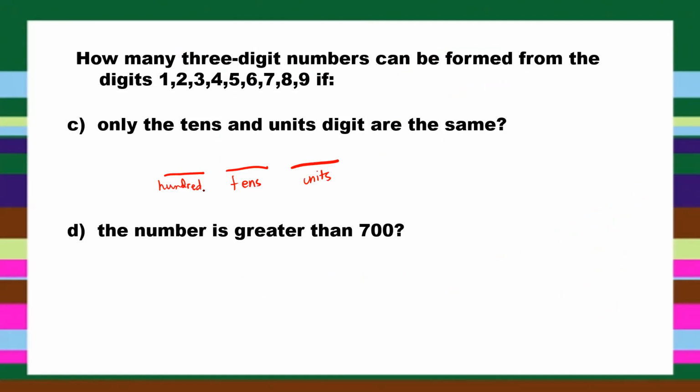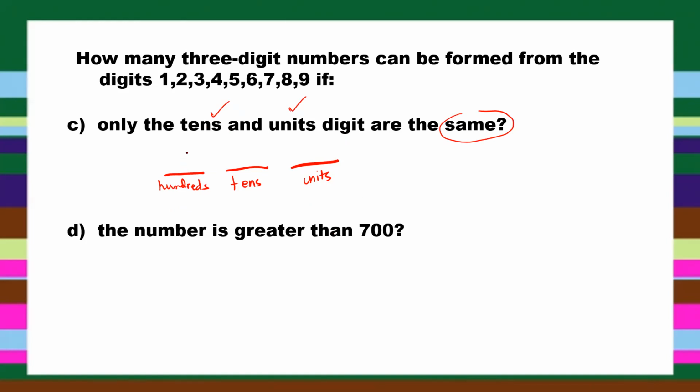Unit, tens, hundreds. Okay? So, kung mag-form tayo ng 3-digit at yung tens at yung units natin are the same, so pwedeng may maulit na number.